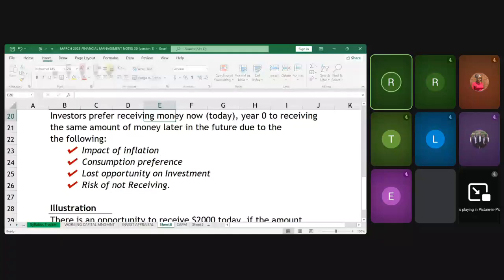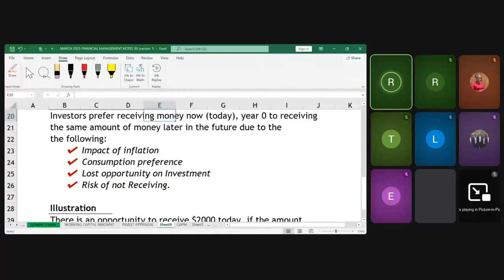Since the money is not received today, you are going to estimate the impact of inflation, probably 3%. The person should compensate for the impact of inflation. Then number two, consumption preference, I'm going to put 2%.